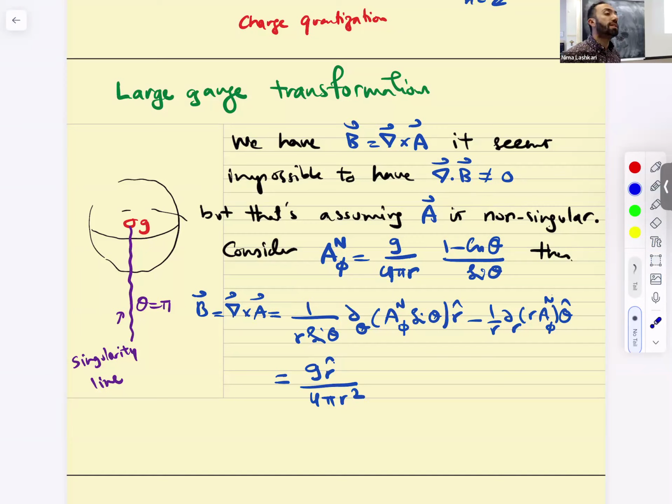But that's assuming that the vector potential A is non-singular. We gave an example of a setup where we wrote down precisely this gauge configuration, a vector field A_N, which on the upper half produces the right B, but it has this line of singularity here.